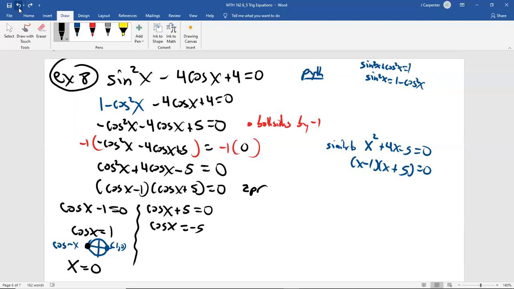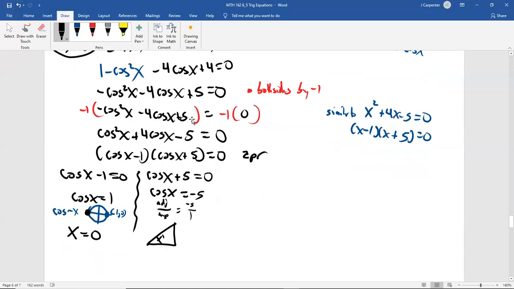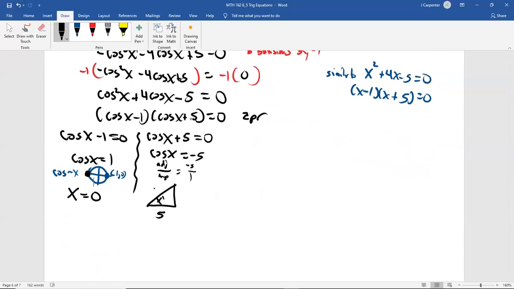Well, cosine of x, we can say that's adjacent over hypotenuse. So that means the adjacent is negative 5 over 1. So we need to draw a right triangle where the reference angle has an adjacent of 5 and a hypotenuse of 1. And then we go, well, what is this side?